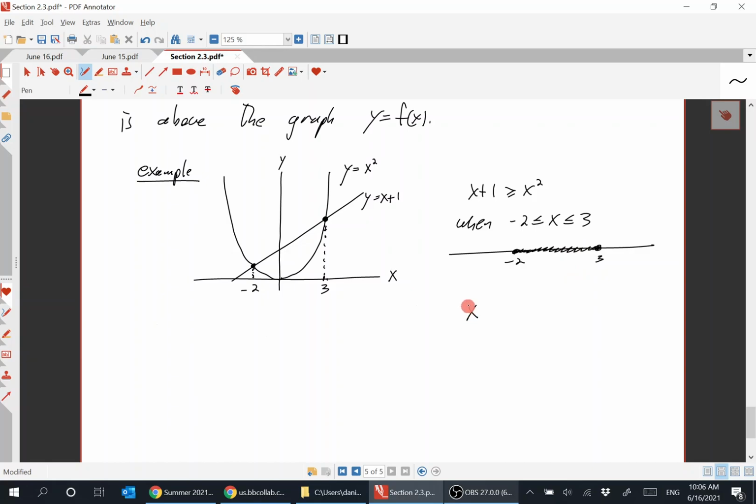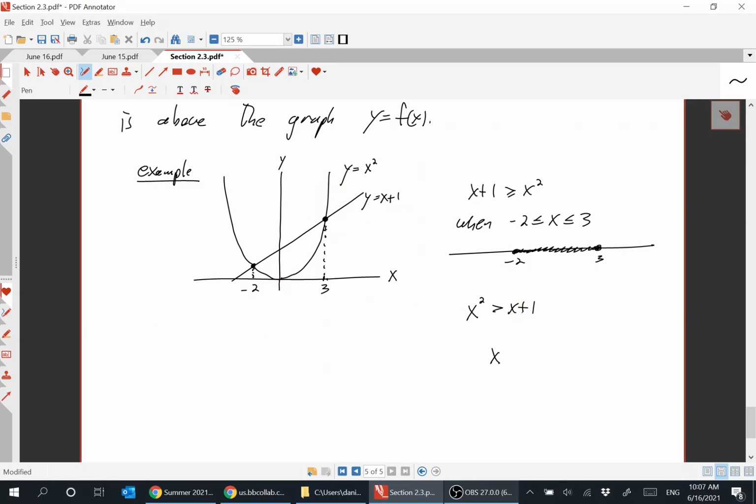Or if you wanted to know where x squared is strictly greater than x plus 1, that's when x squared is above x plus 1, right? X plus 1 is above x squared between -2 and 3, and outside of that interval from -2 to 3, x squared is above x plus 1.